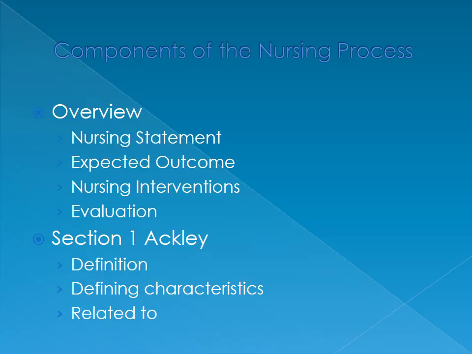When you look in Ackley, if you just go to your Ackley book right now, open up your book and go to a nursing problem, and I'm just going to pick it open right now, I opened up to caregiver role strain. One of the first things that I see under this section is a definition, and it tells me what that nursing diagnosis means.